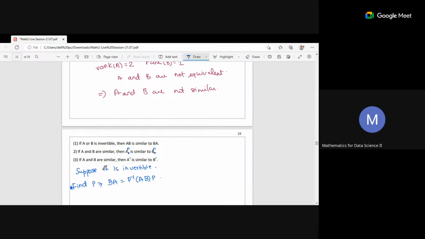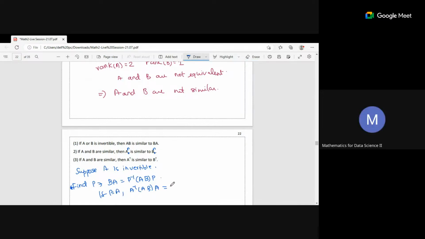Now you are given that A is invertible. If I take P to be A, then what will happen? Let us see. What is A inverse A? Identity. Yeah.